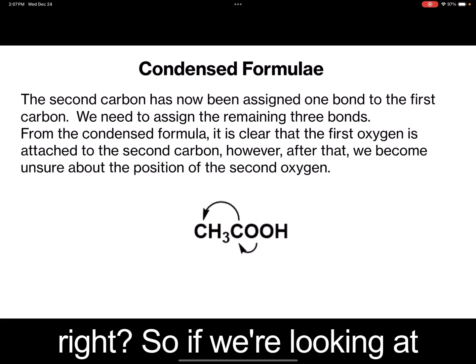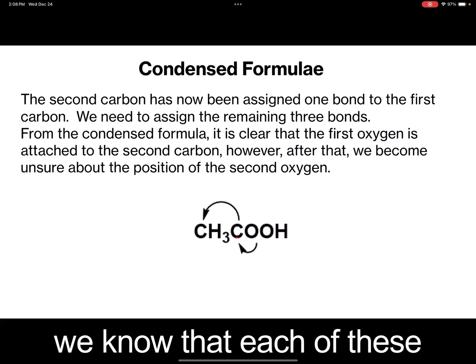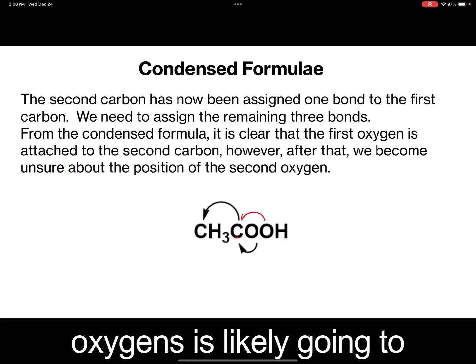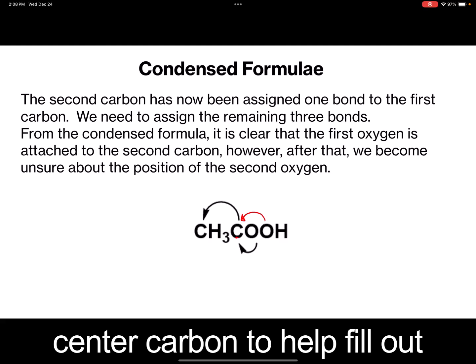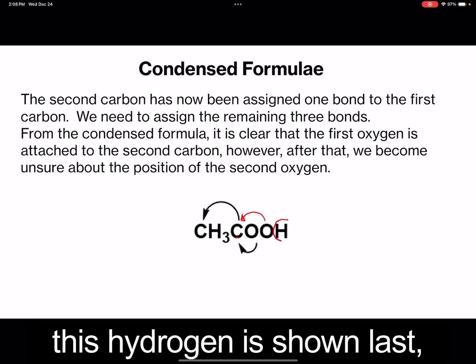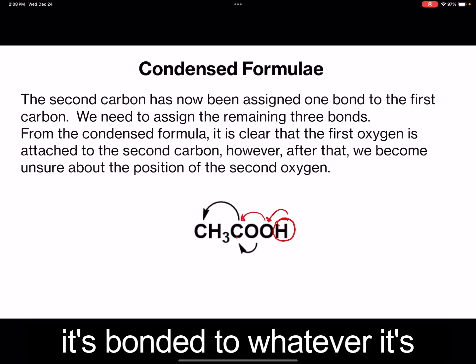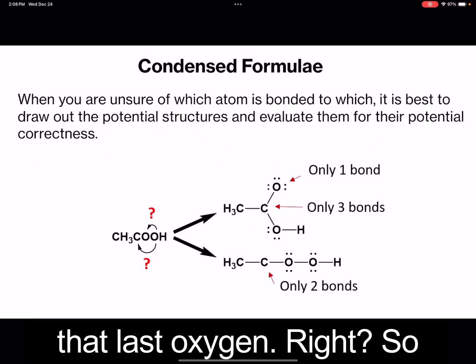So if we're looking at who's bonded to this carbon, we know that each of these oxygens is likely going to need to be bonded to that center carbon to help fill out those bonds. And because this hydrogen is shown last, it's bonded to whatever it's next to, which is going to be that last oxygen.